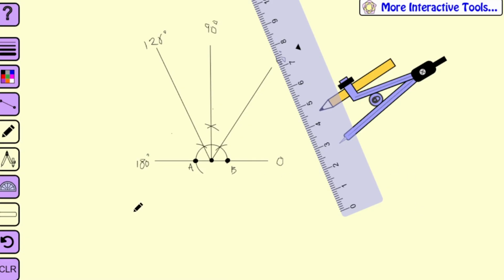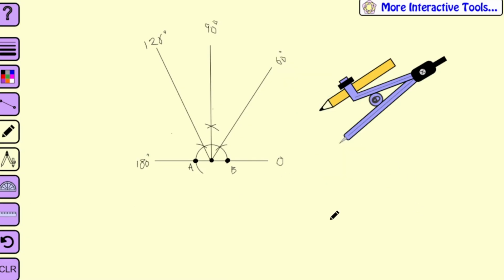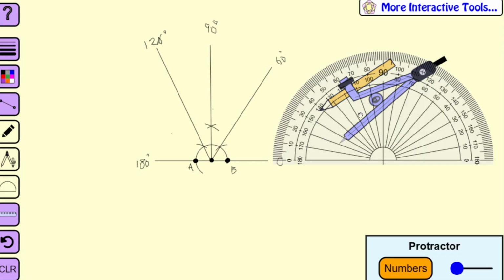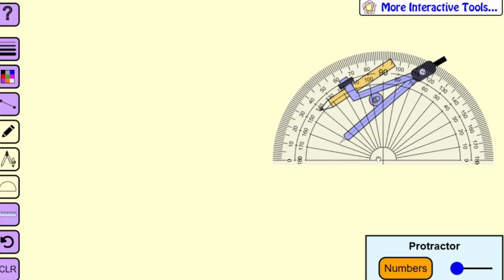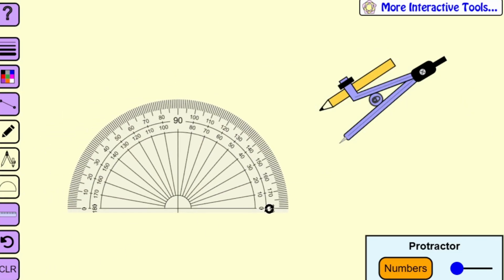So this is the concept of angles, the concept of how you construct your 60, how you construct the opposite of 60, which is 120, and your 90 degree. What I want you to do is to look at all the angles on your protractor, and you need to make a mental note of the opposite.